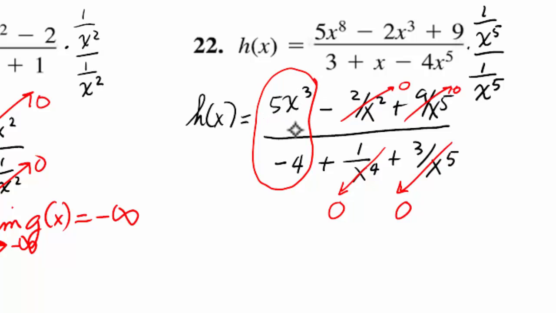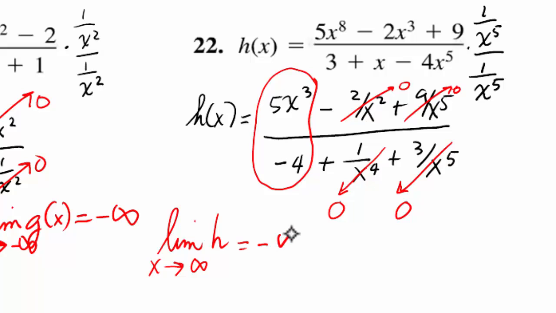So we are left with 5x cubed divided by a constant that's negative 4, which will affect the sign of 5x cubed. If we take the limit of h as x approaches infinity, the whole thing will approach negative infinity because of the sign of negative 4 affecting the dominant term 5x cubed.